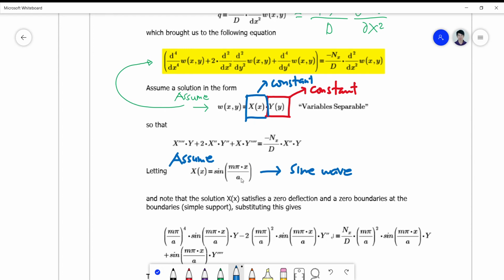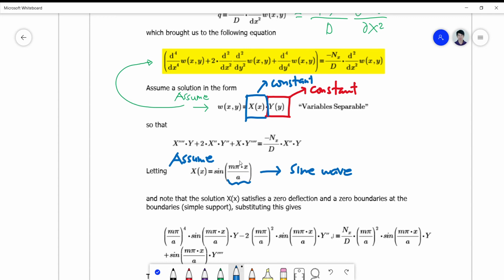It is a sinusoidal wave solution in the form sine of an angle, wherein this angle represents your eigenvalues in the form m pi x over a.